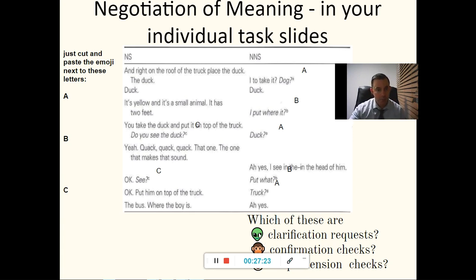And you're just going to copy and paste the emoji that goes with each one. Clarification request is an alien for no reason, okay? Confirmation check is a monkey, and so on. Okay, so pause the video and make sure you cut and paste those into your slide.